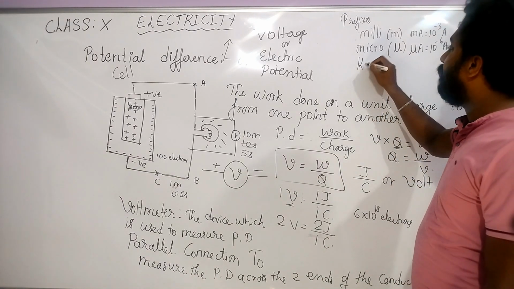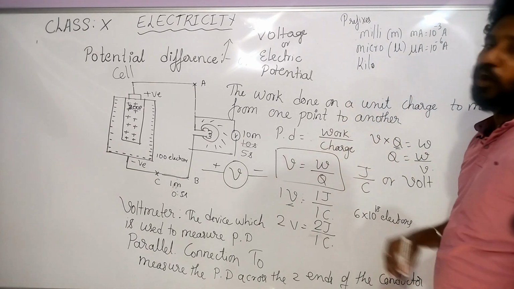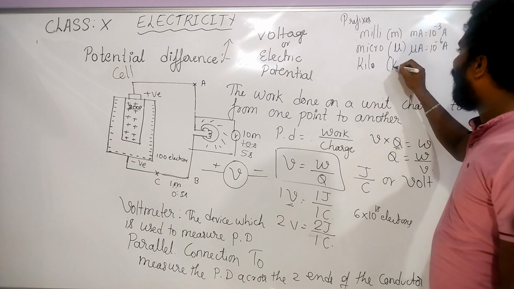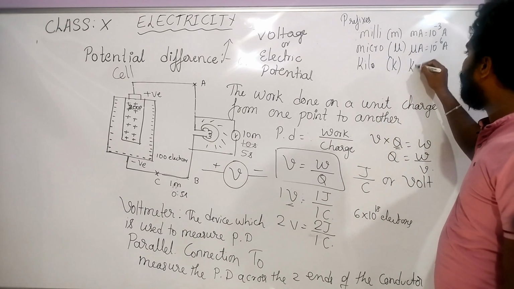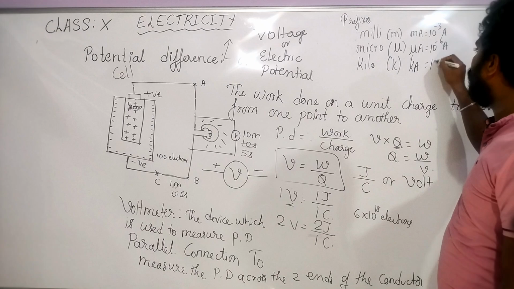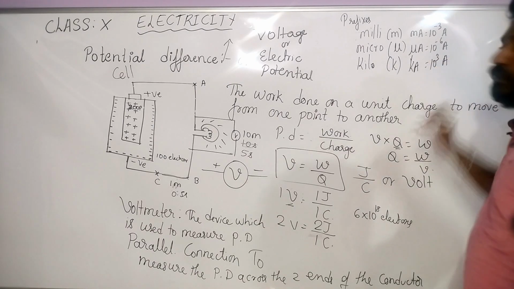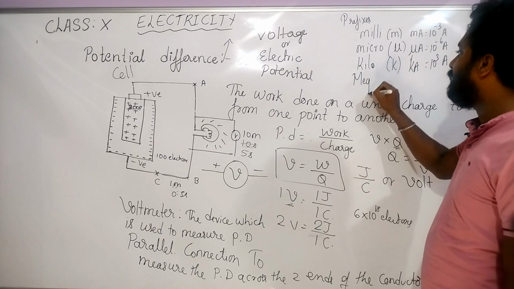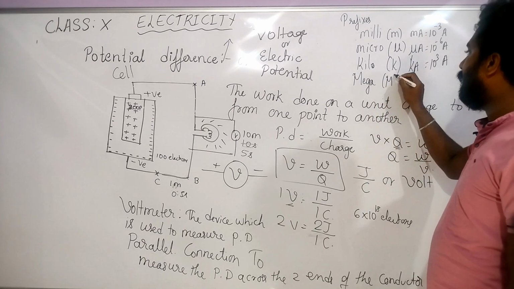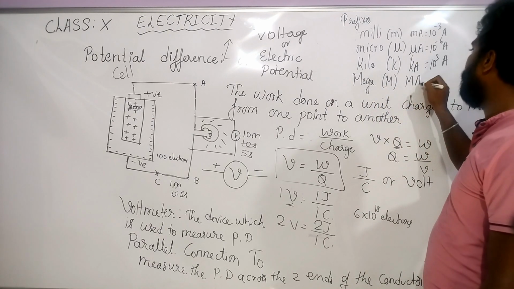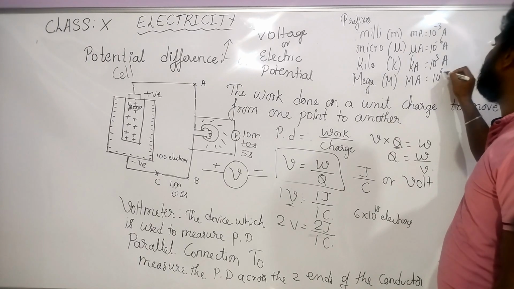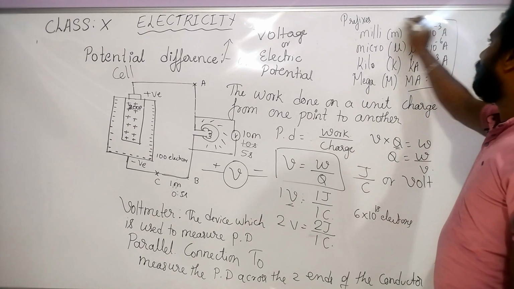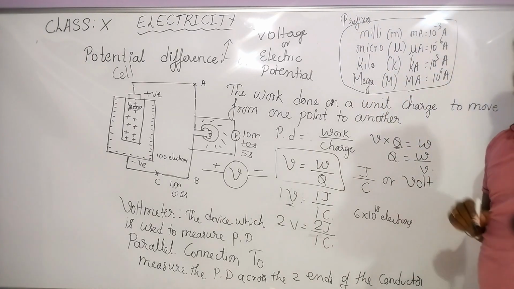And we have another prefix which we use, kilo, and it is k. So kiloampere. k means 10 power plus 3 ampere. And mega, M-E-G-A, mega, capital M. So megaampere means 10 power 6 ampere. These are the 4 prefixes. You have to always keep them in your mind.